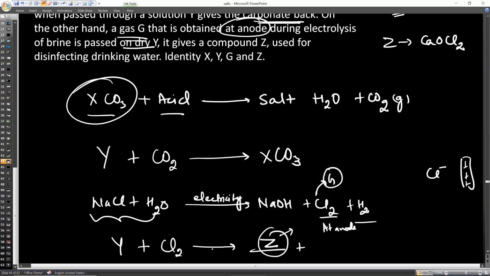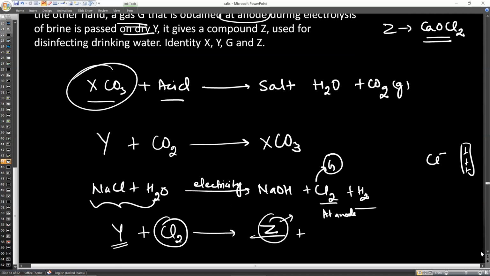CaOCl2. We know the preparation reaction of bleaching powder. To which compound do we pass chlorine gas in order to obtain bleaching powder? Not NaOH.